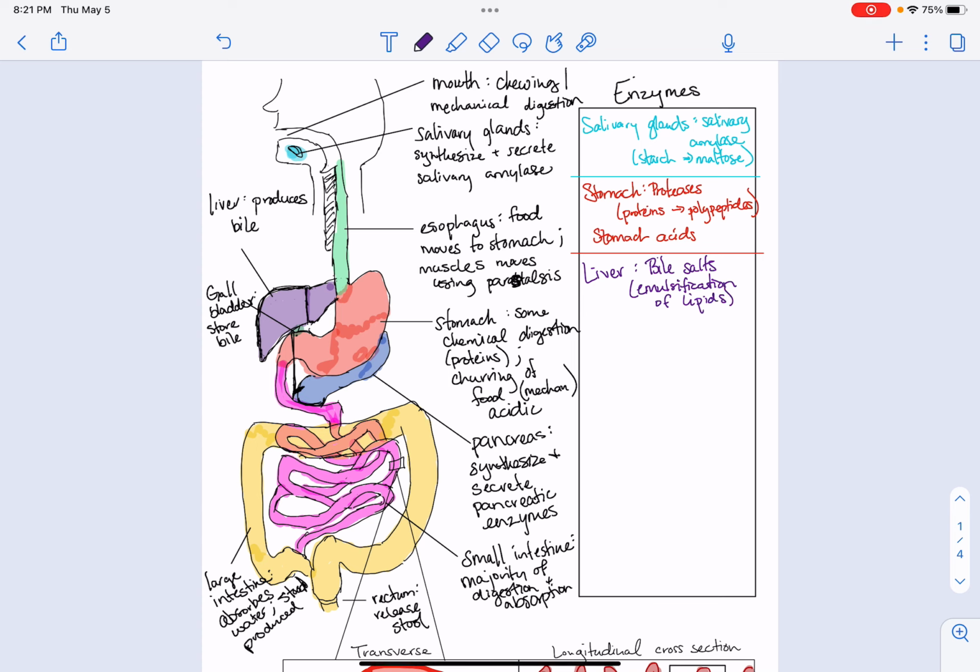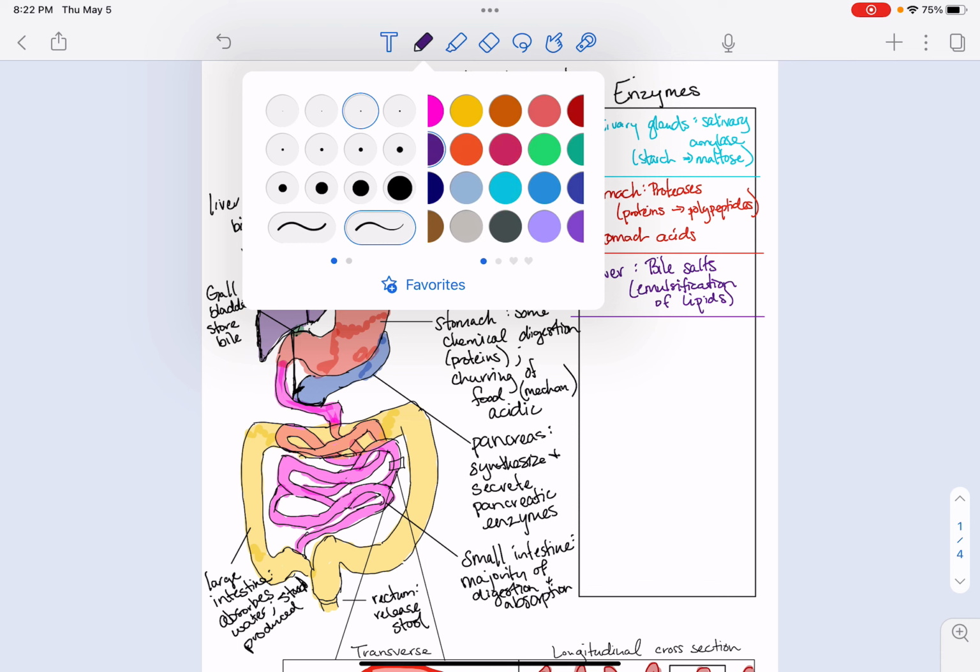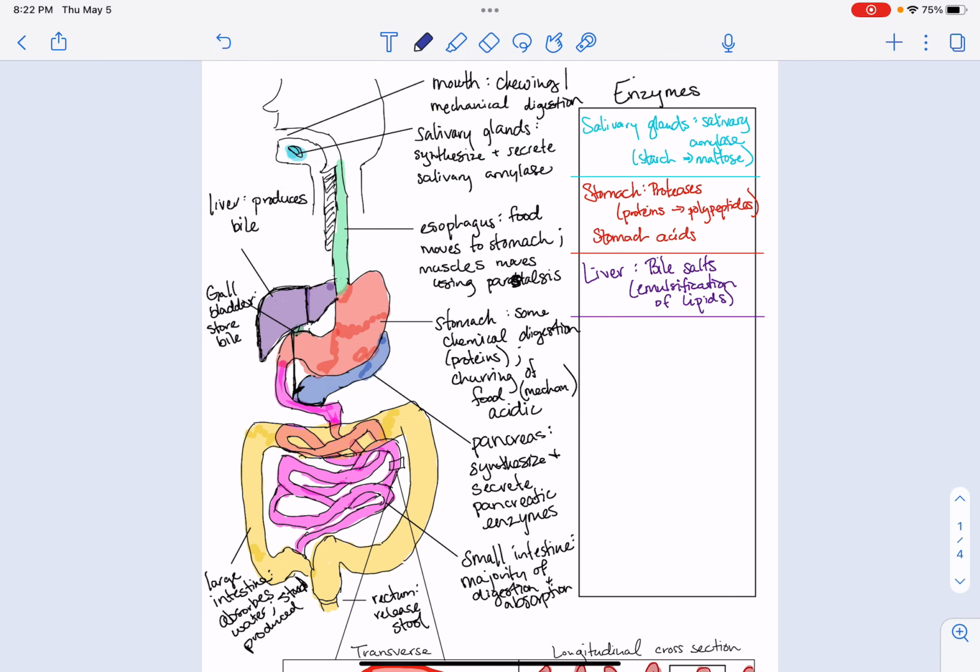And then the big one that we all know and love is the pancreas. All right, so we need to know about, technically, there are 4 I'm going to list.